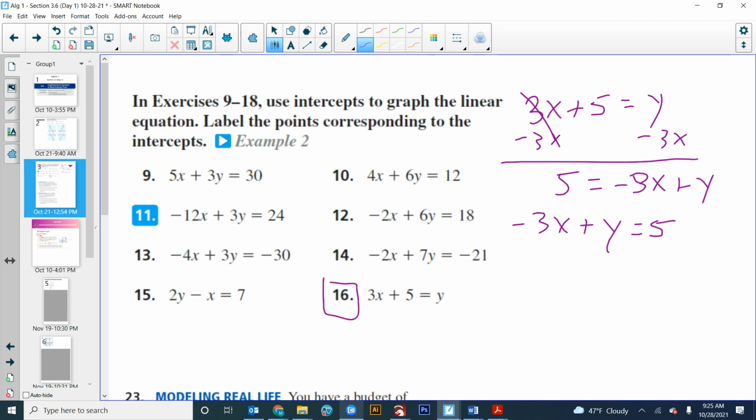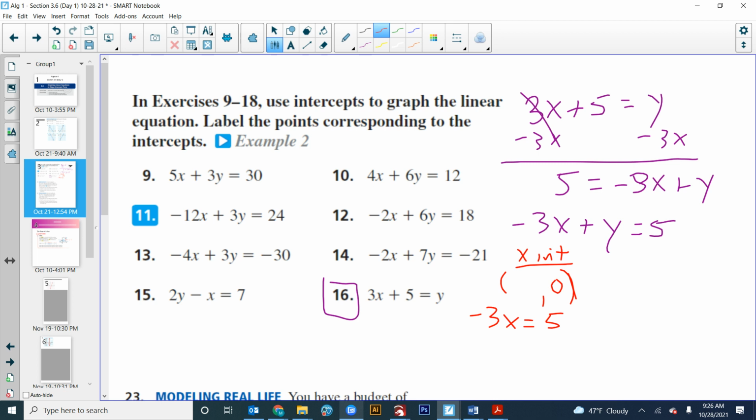Okay, x-intercept. What do I put 0 in for? X-intercept. The y. So when I put it right here, I'm just left with this. Everybody with me?